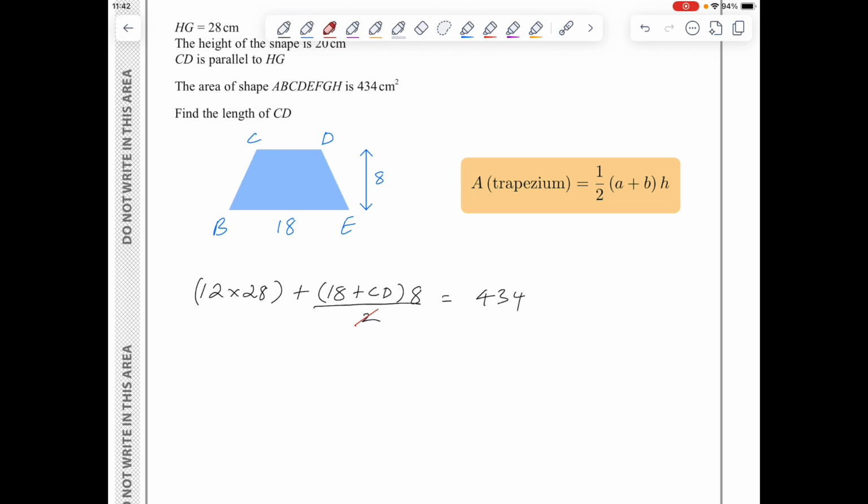Let's simplify the 2 with the 8. So 336 plus, and I'm going to expand, 72 plus 4 times Cindy is equal to 434. 4 Cindy is equal to 26. So Cindy comes out to be 6.5.